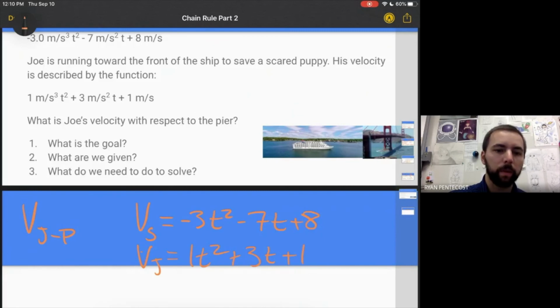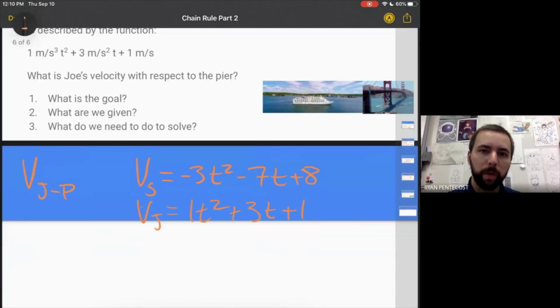Now, do we need the chain rule on this? Well, we're not looking at how something is changing with respect to time. In our previous problems, we've looked at how the circumference of a circle is changing with respect to time, how the radius is changing with respect to time, then on the hose problem, how the length is changing with respect to time, and how the volume changes with respect to time.